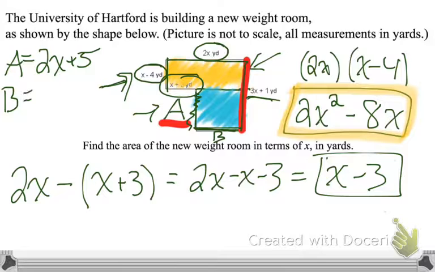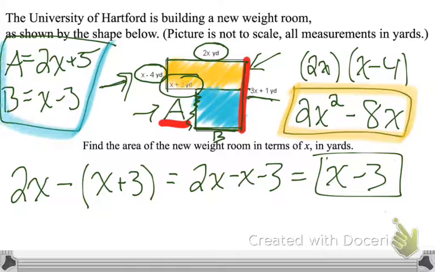Alright, so B equals x minus 3. Make sure that is right with my notes on this. Yep, okay. So the turquoise rectangle, right here. Okay, those are the two measurements of that turquoise rectangle. So that's how we're going to get the second one.